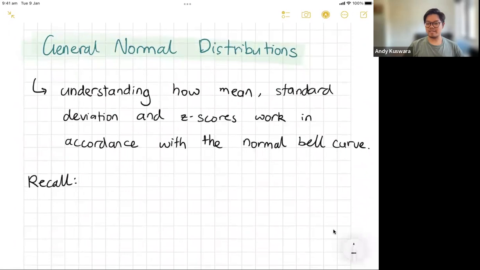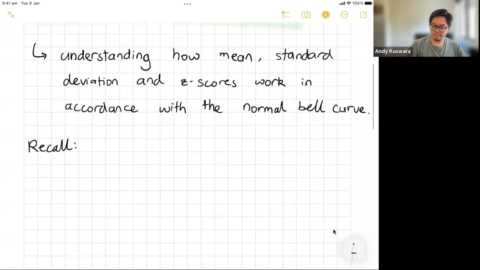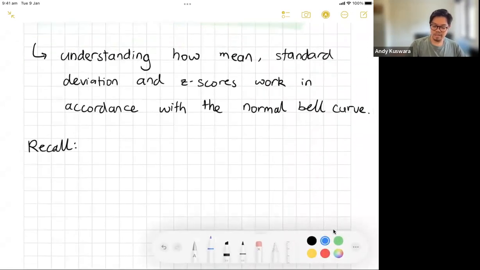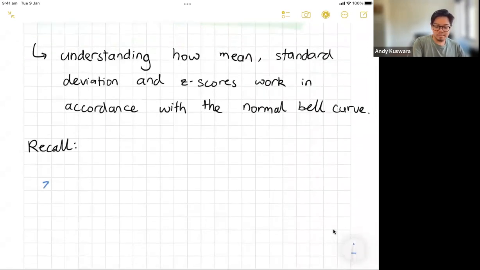The thing you need to get down pat is how the mean, standard deviation, and z-scores play with one another and how it all reacts to the bell curve. Just remember your z-score is given by your score, take away your mean, all over your standard deviation.